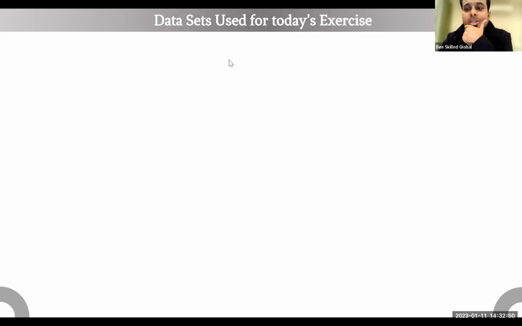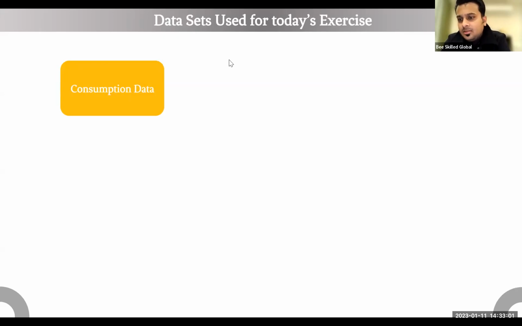Okay, so Priyanka, whenever you're ready, just show me the results. For today's exercise, we're going to use these 3 data sets, which are generally used to prepare forecasts. As you see in the poll results, almost everyone is convinced that consumption data is used. Consumption data is the most common data set used everywhere.